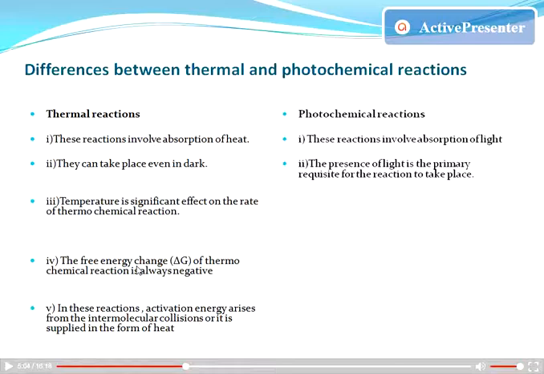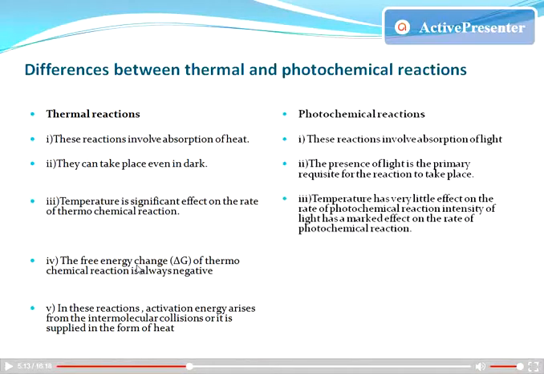So photochemical reactions have to occur in the presence of light. And then here we have temperature having a significant effect on the rate. So for thermochemical reactions, the rate is being affected by the temperature, while for photochemical reactions, the rate is being affected by the light intensity.